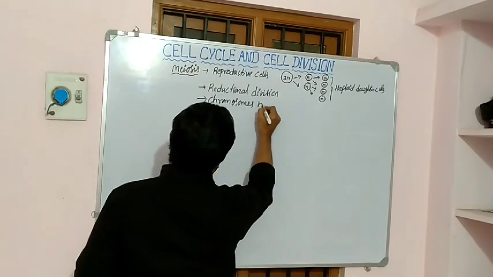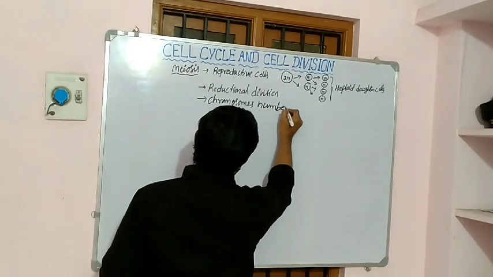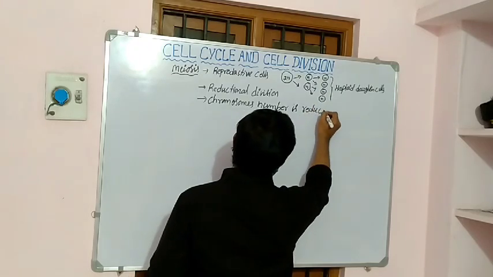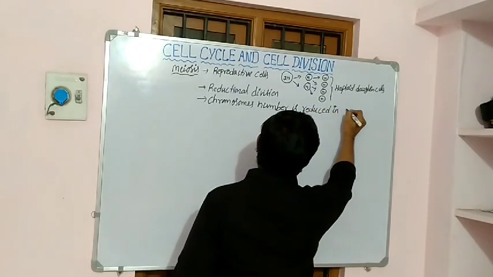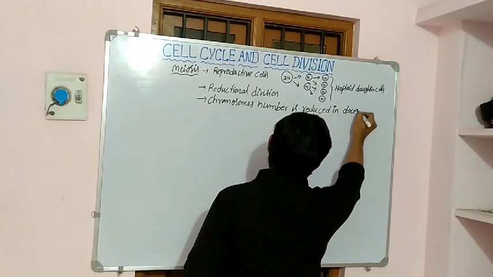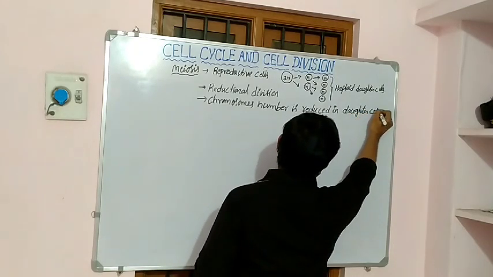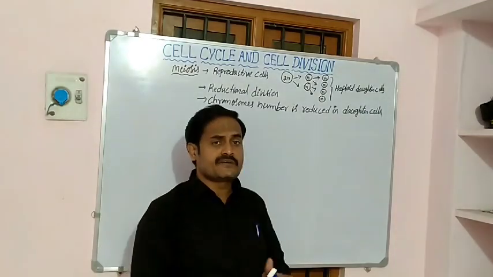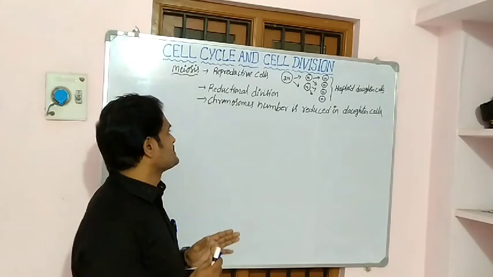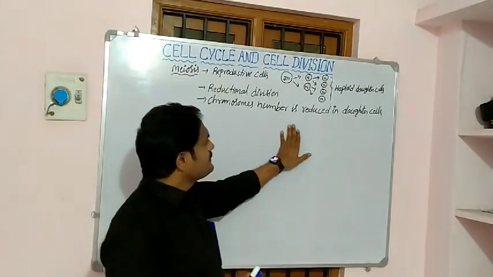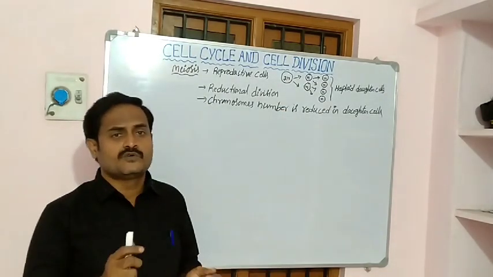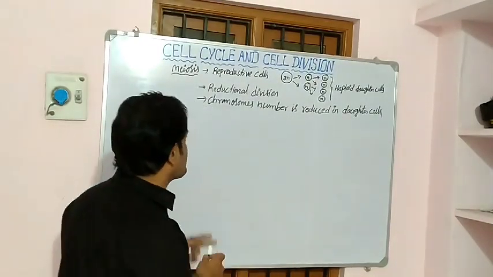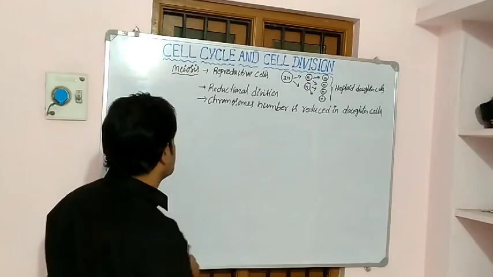Remember, the chromosome number is reduced in daughter cells. So how is it reduced? Meiosis occurs only in reproductive cells. What are the reproductive cells in human?